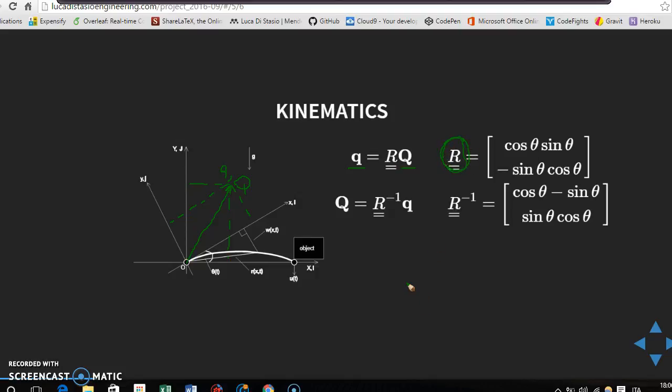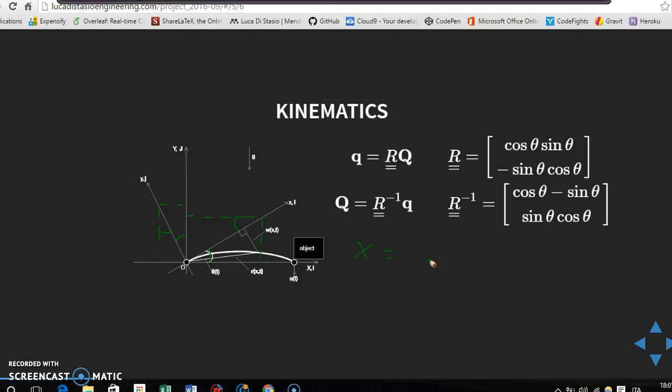and to derive the matrix is actually pretty simple. We just have to write down big X with respect to small x and small y. If we draw the triangles, this is θ, this is the complement to 90 degrees of θ, so θ is here, θ is also here and here.